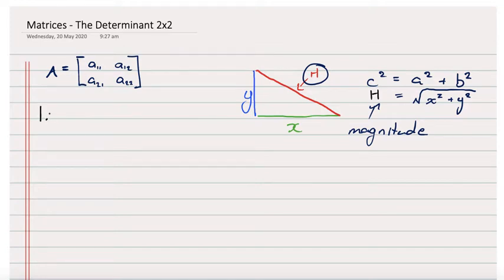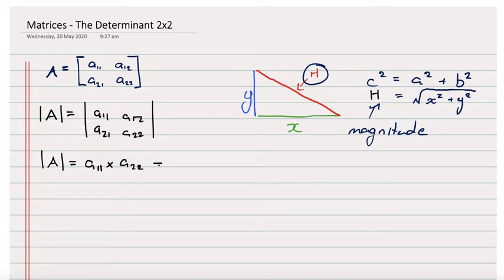We can say the magnitude of A, with entries A11, A21, A12, and A22, is A11 times A22 minus A21 times A12.